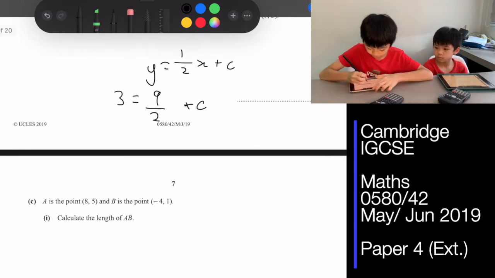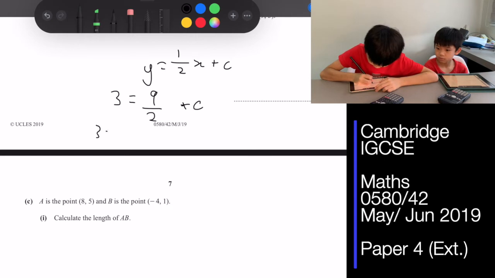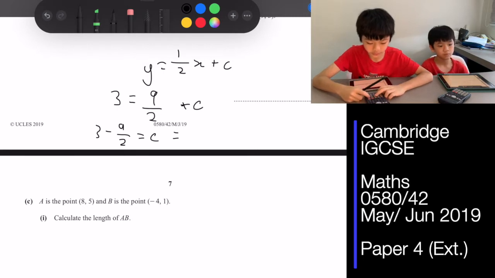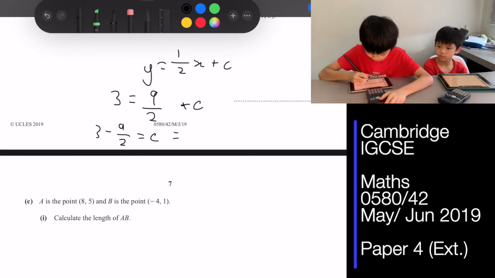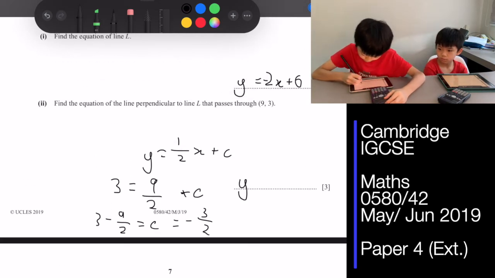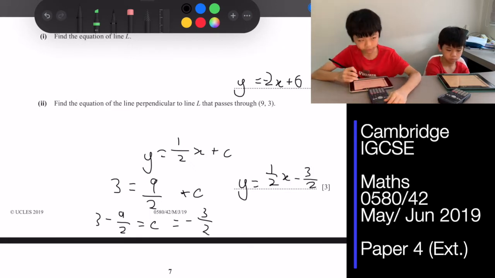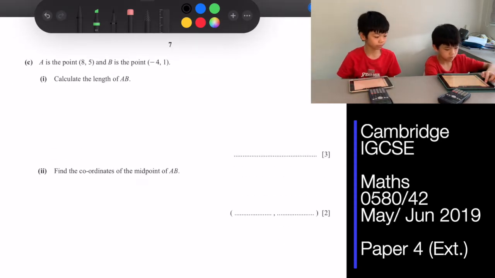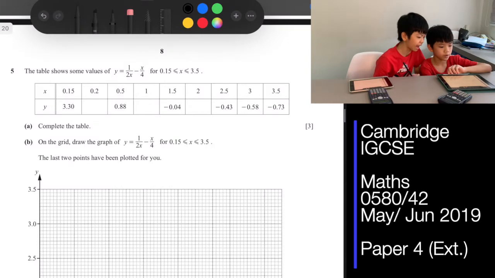Now that we've got that, we take 3 minus 9/2 equals c, which is negative 1.5, or negative 3/2. So y equals half x minus 3/2. Okay, for question 5.